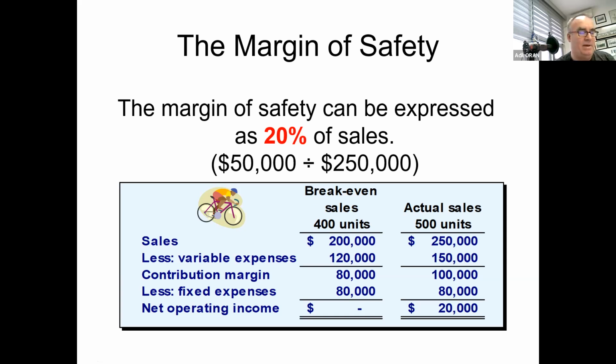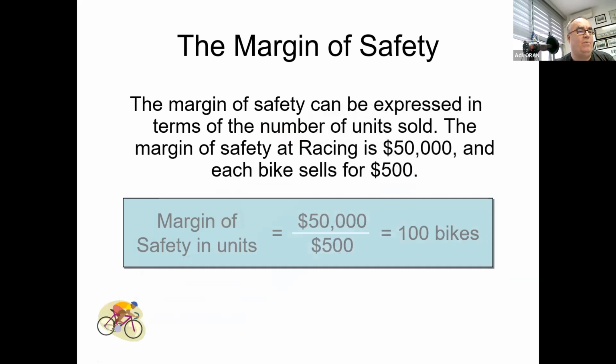So that is a measure of how confident you are that you're not going to be losing money. If you want the margin of safety in bicycles, you could sell 100 fewer bicycles than you're hoping and still not lose money, is another way to look at this.